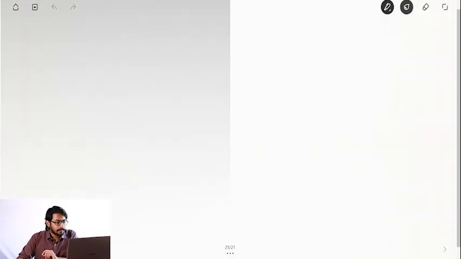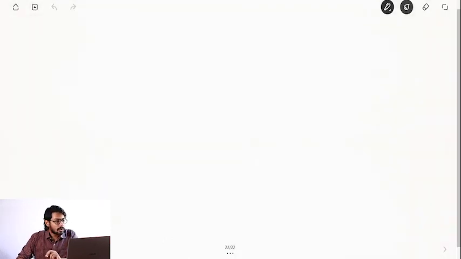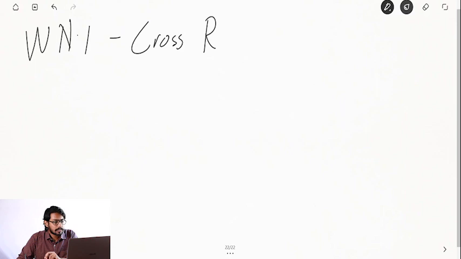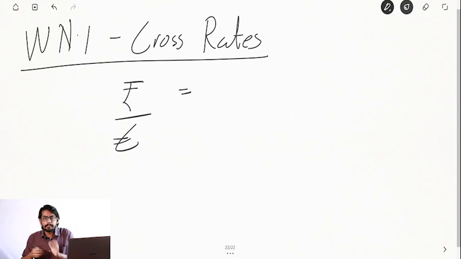Go to working note 1, cross rates. Pay attention, guys. You don't know rupee by euro, so you went to working note 1 cross rates, and you're trying to find out rupee by euro. The flow is important, the order is important.